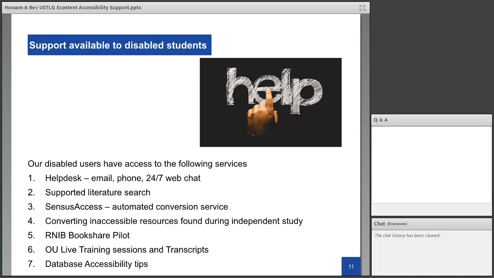One of the things with our nature of being online is that during module production, the module team, which are the academics, the learning designers and the academic liaison librarians, do have to consider accessibility. It really runs through everything we do.